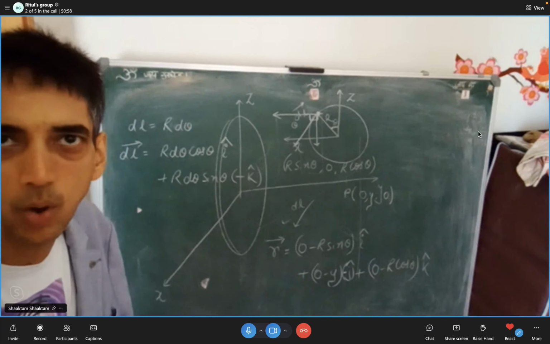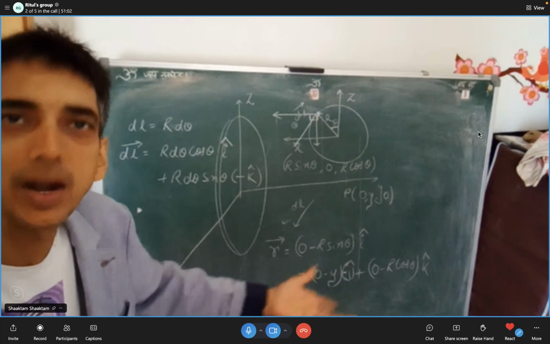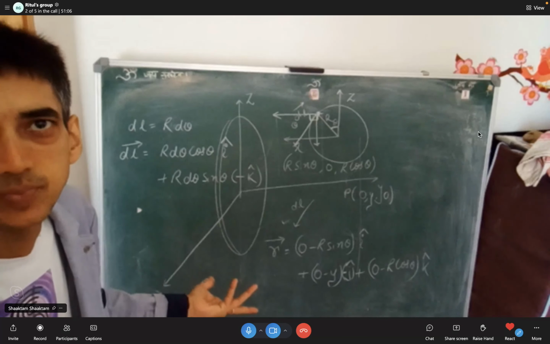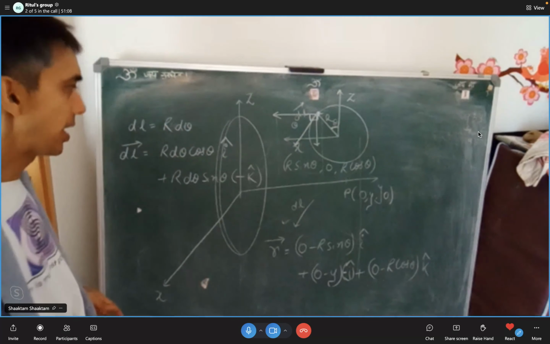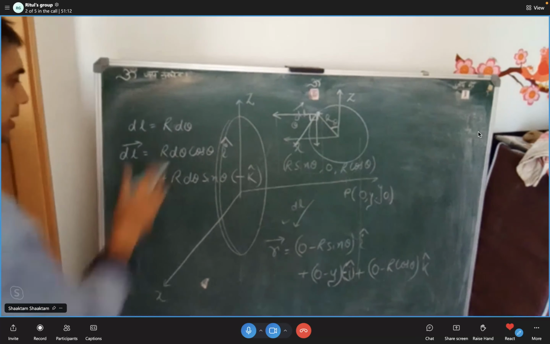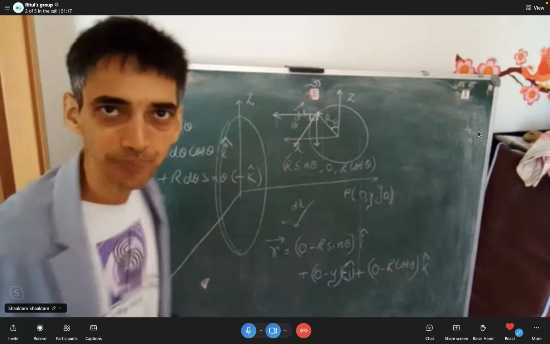We know the 4 pi. dl cross r we have to get from there and we'll divide it by r cube. That will give me a form. Can we do that? Tell me what dl cross r will be. Here you know dl, r you know. Find the cross product, please.